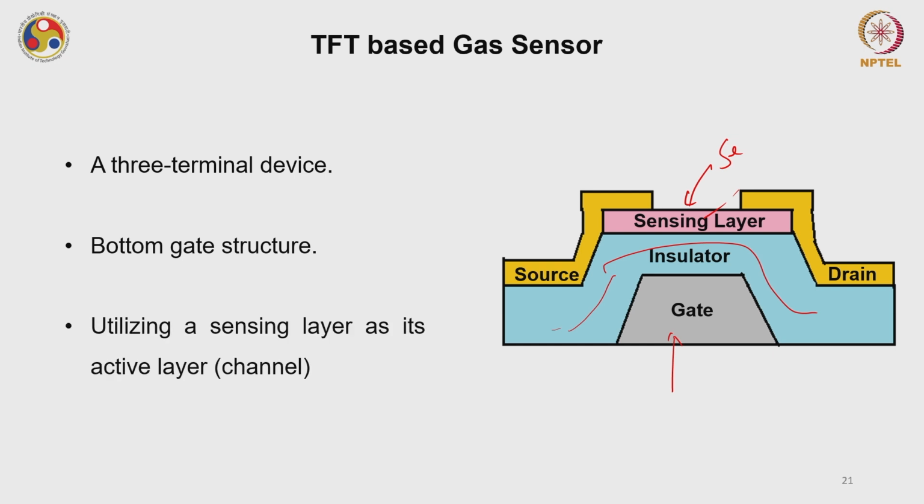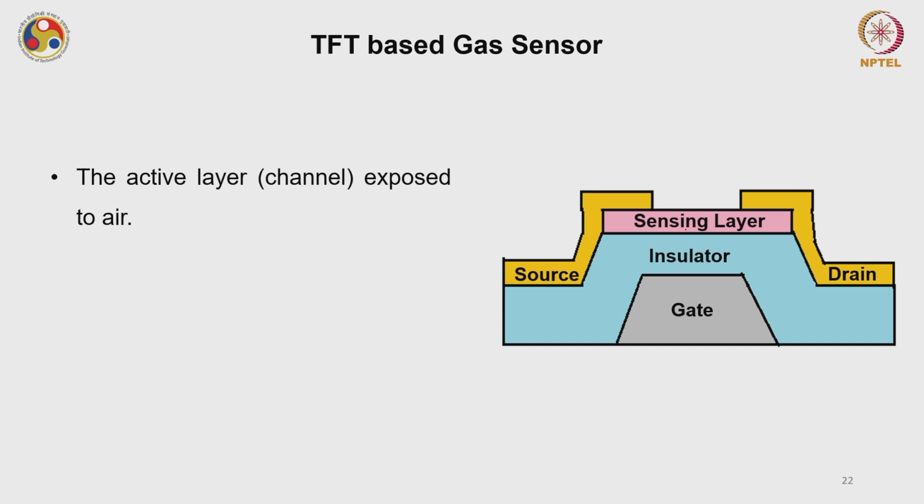This utilizes a sensing layer as its active layer. The sensing layer, which is actually the channel, is the active layer. The FET that we discussed some time back did not have any channel initially, right? But this kind of device has a channel initially, and this comes under the thin film transistor.